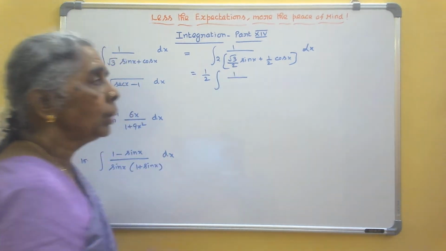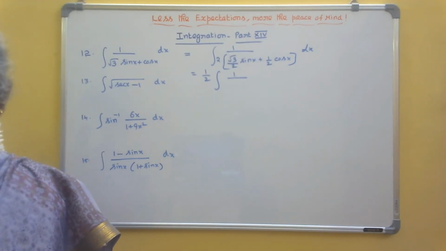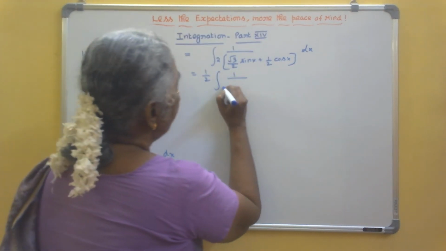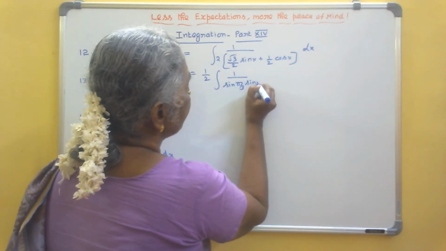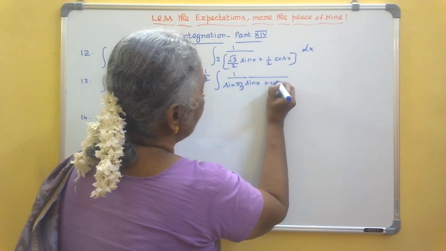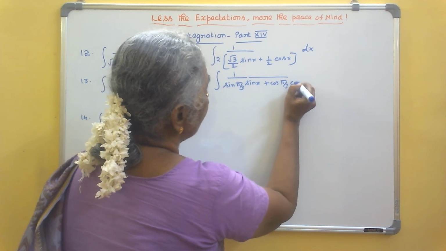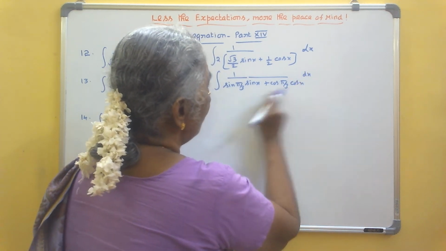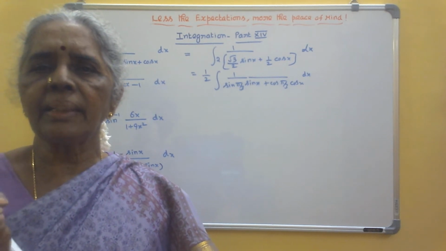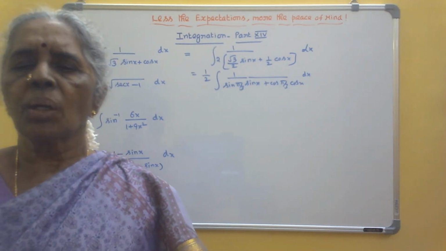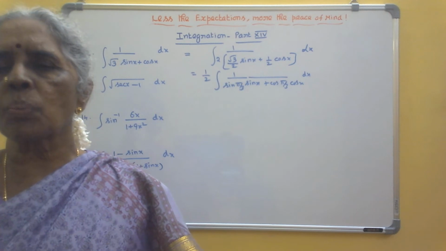This root 3 by 2 I can write as sin pi by 3. Then this is sin x. That half will be cos pi by 3 cos x. Now you see it is like cos A cos B plus sin A sin B, which is the cos of A minus B formula.